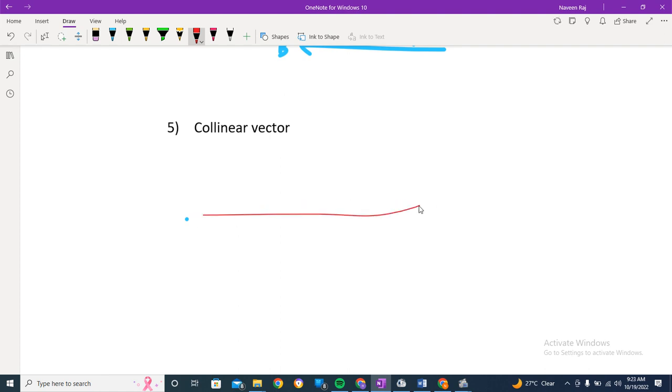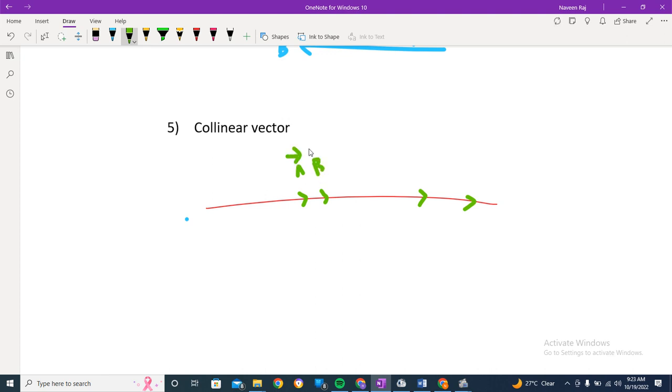Okay, so this is a straight line, and what if I make vectors on this line? I make random vectors on this, like this is A, this is B, this is C, and D is the remaining one.